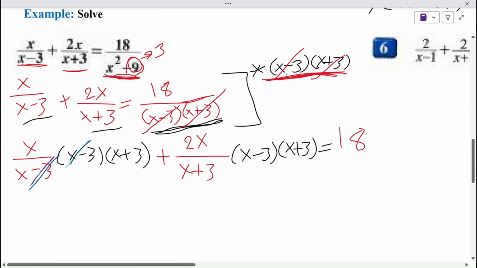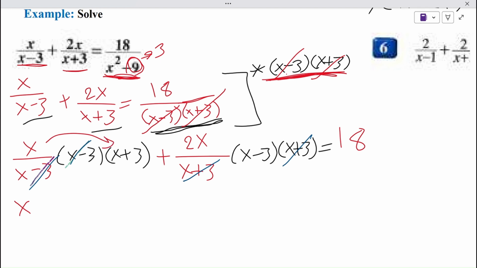What about the rest of the equation? Write down x times this bracket, x plus 3, then plus 2x times this bracket, x minus 3, is equal to 18.